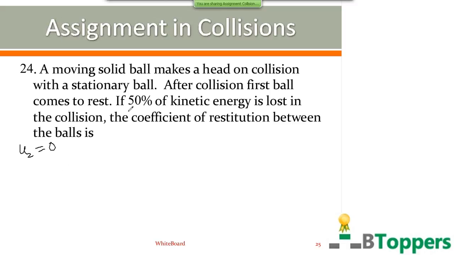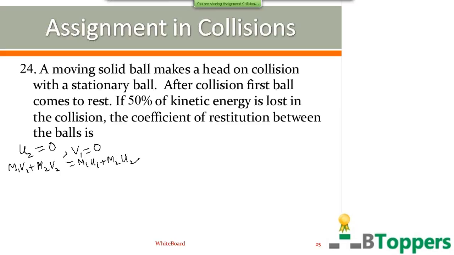First, it is given that after collision, the first ball comes to rest, so V1 is 0. Before collision, the second ball is at rest, so U2 is 0. Applying conservation of momentum, M1 V1 plus M2 V2 equals M1 U1 plus M2 U2.